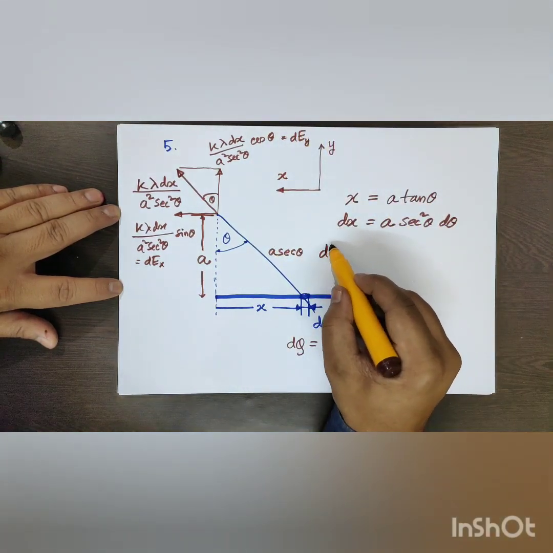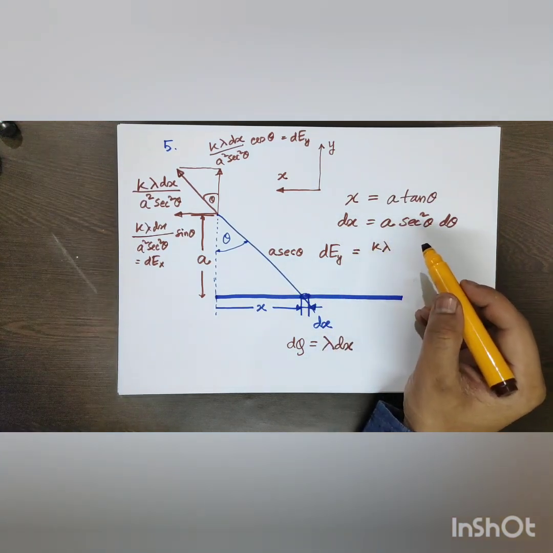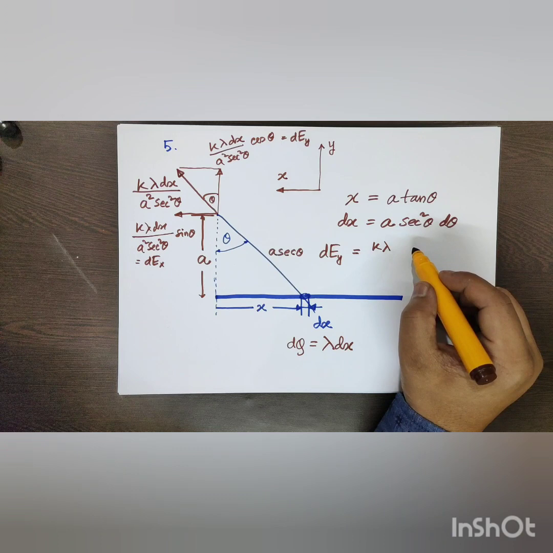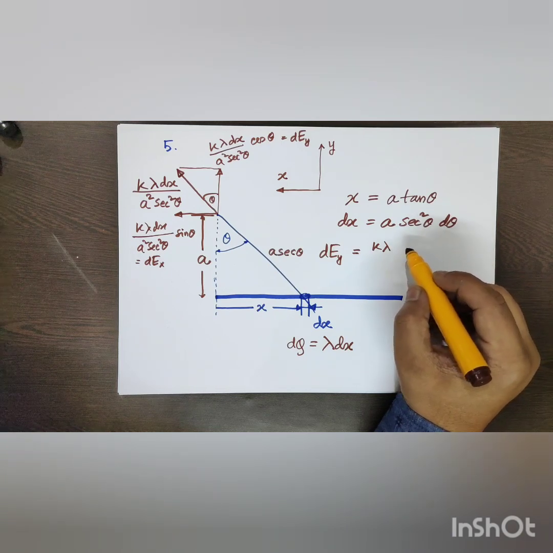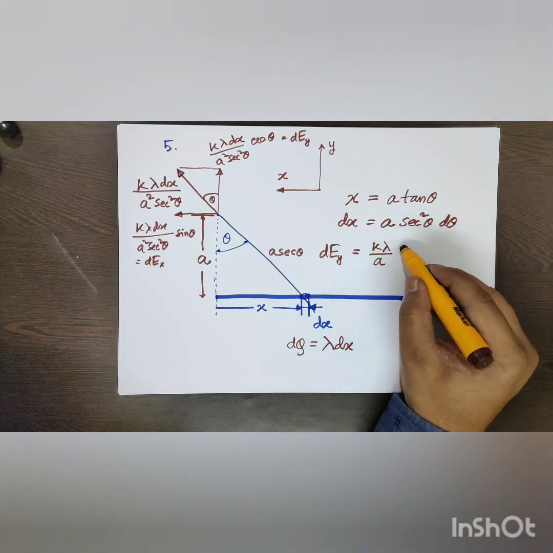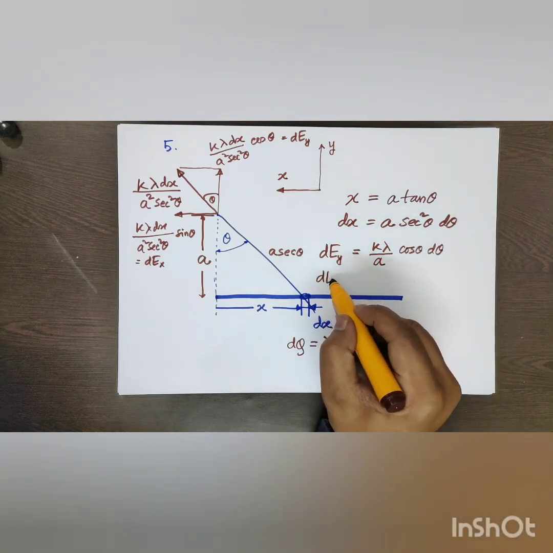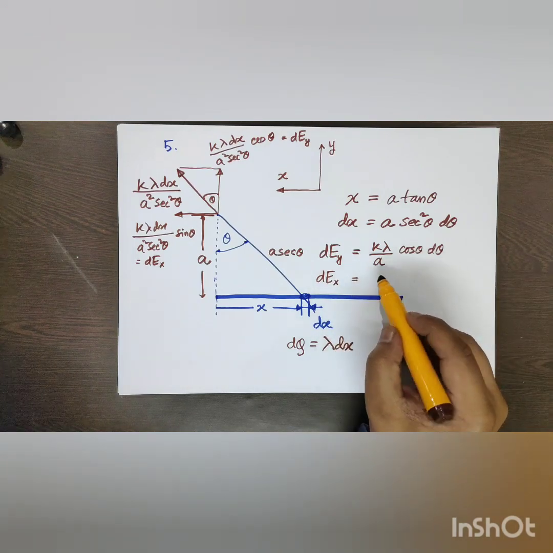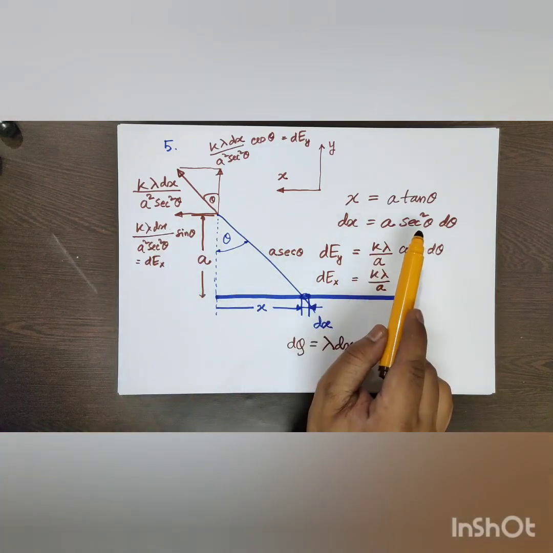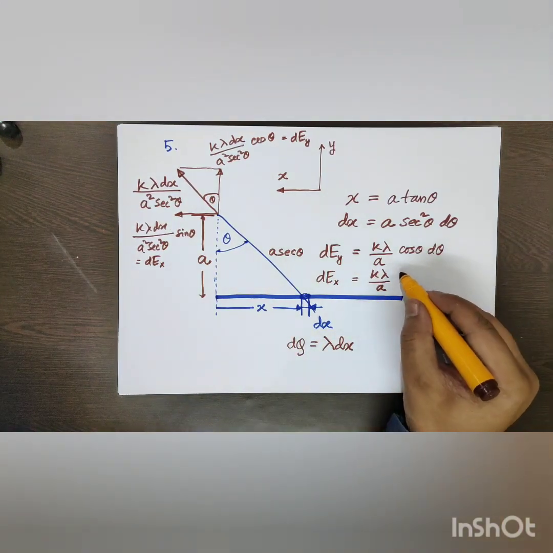Now the simplified terms: dEy equal to k lambda dx, and dx we will replace by a sec square theta d theta over a square sec square theta, so it will be k lambda by a cos theta d theta. dEx equal to k lambda by a, again you substitute dx here, a sec square theta d theta, right? So here you get sin theta d theta.